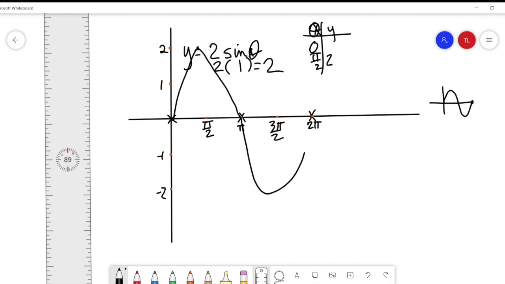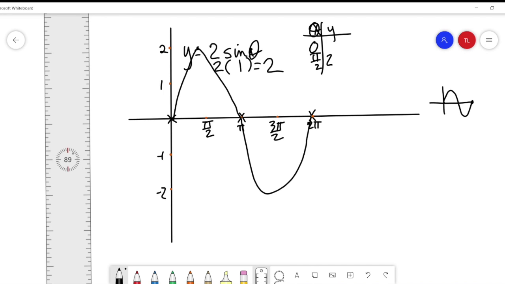-2. So what I want you to visualize, what effect does that 2 in front of the sine do to your graph? It makes it higher and lower. Now people, when you think of height, that's amplitude. If you turn that paper I gave you over, you see that first word there on the left, amplitude, number 1?